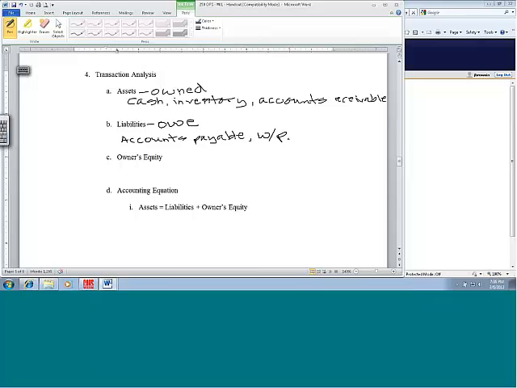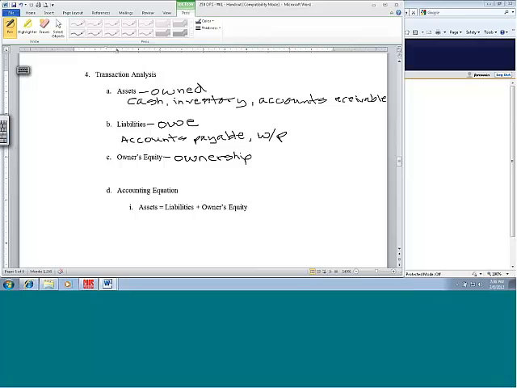So assets are what we own, liabilities are what we owe, and owner's equity is the rights of the owners to the business. It's the ownership of the business.